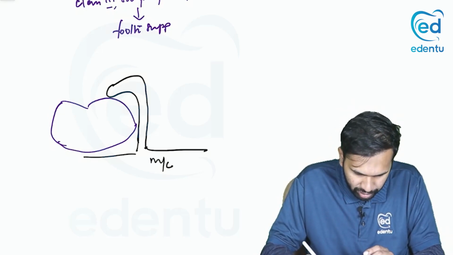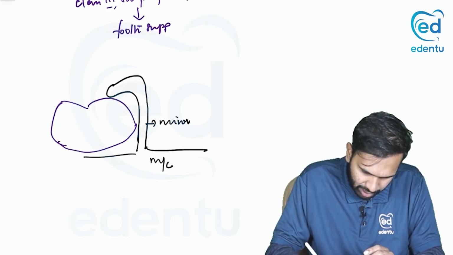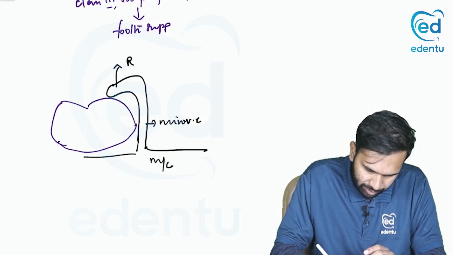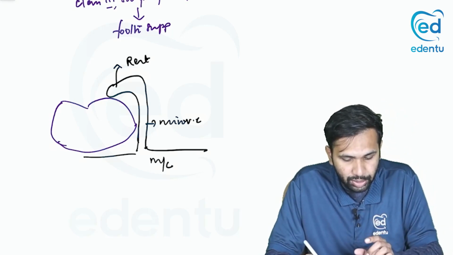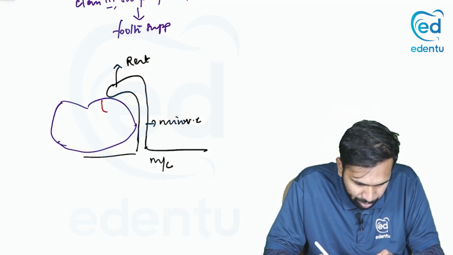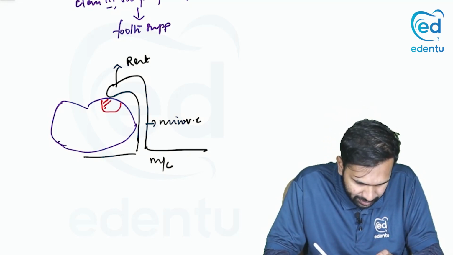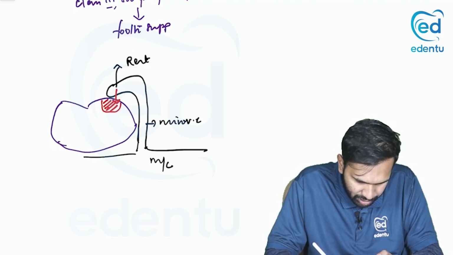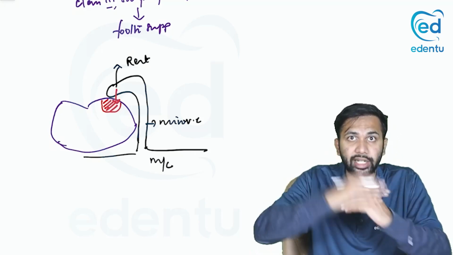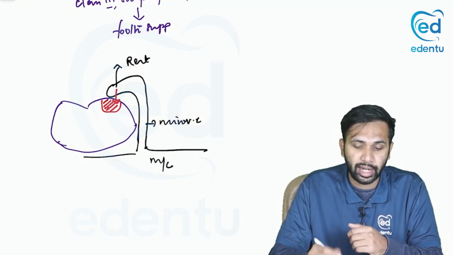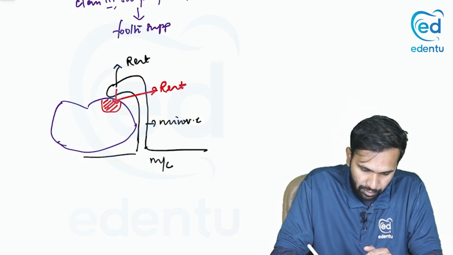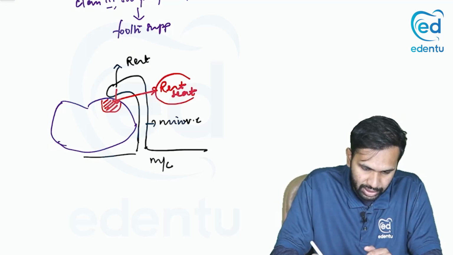This will be the major connector, this will be the minor connector, and this will become the rest. The space you prepare artificially in the patient's mouth on the abutment tooth for the rest to occupy and seat itself is called the rest seat.